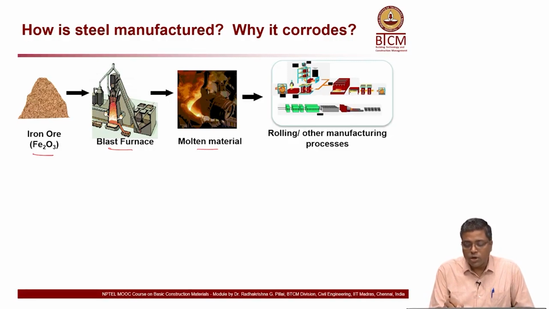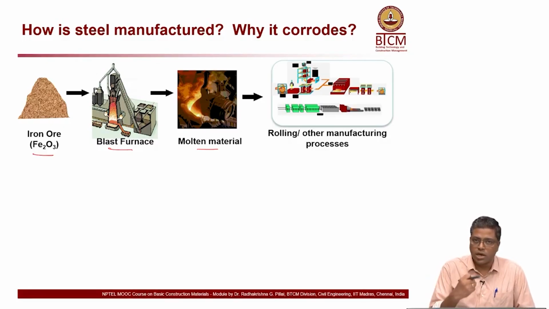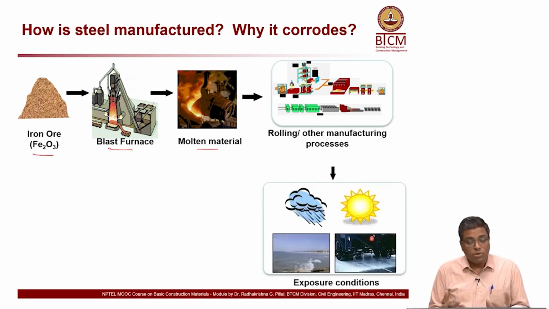And then what you do is you put the steel through a mill in which you get different shapes, whether it is a steel reinforcing bar like a circular rod, or a square shape, or an I section, or whatever shape you talk about, you pass it through some mechanical dies and then you get the steel. Then, when you use the steel in construction, it gets exposed to moisture.